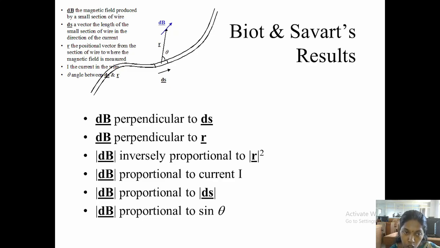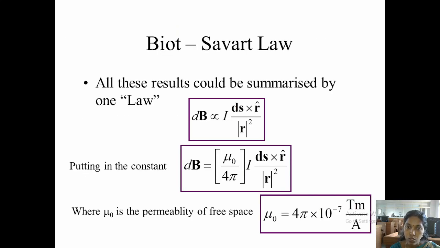The magnitude of dB is also proportional to the current, proportional to the magnitude of ds, and proportional to sine theta. So the result is that dB is directly proportional to the current flowing in the conductor and ds cross r vector, and inversely proportional to the magnitude of r square.